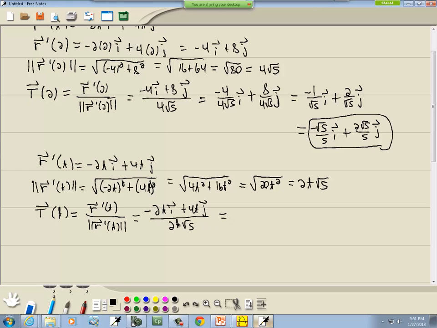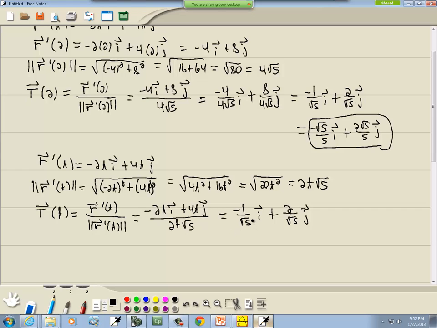Problem with this is, see how these t's drop away? So when I put this one over this one, the 2 is going to be gone, t is going to be gone, and we're going to have negative 1 over square root of 5 i. And here, the t's cancel away, and 4 divided by 2 is 2, so we'll have plus 2 over square root of 5 j, which is what we came up with right here.